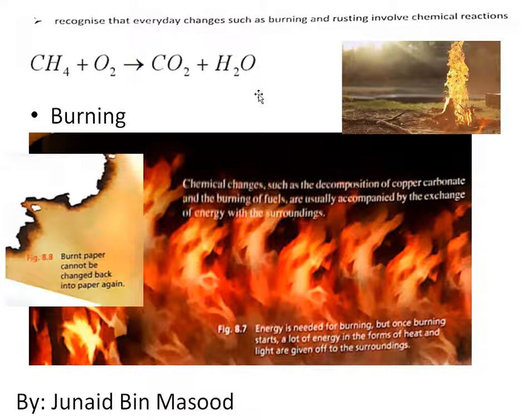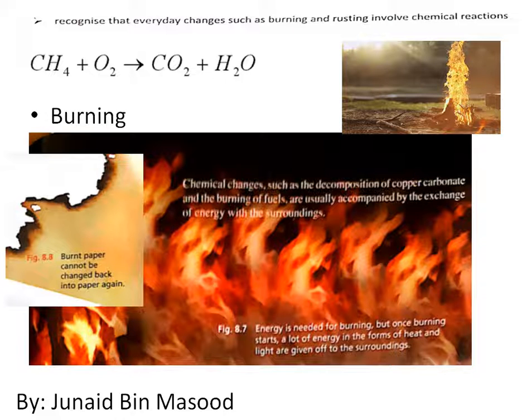Now moving ahead, you must know that for the burning of wood or paper or any kind of substance, if you are asked to write a chemical equation or a word equation for that, you will write that anything which is burning with oxygen produces carbon dioxide and water always.